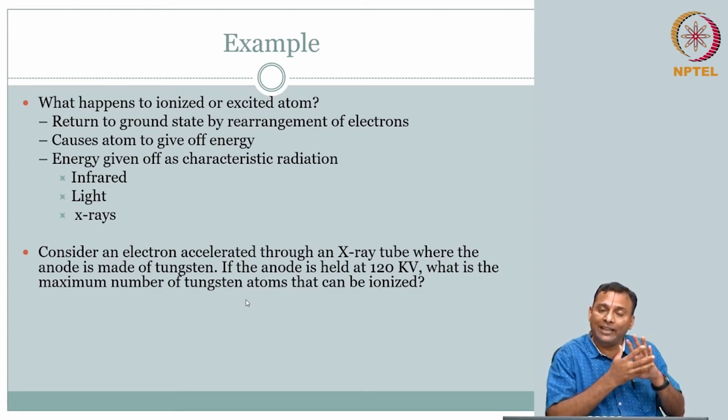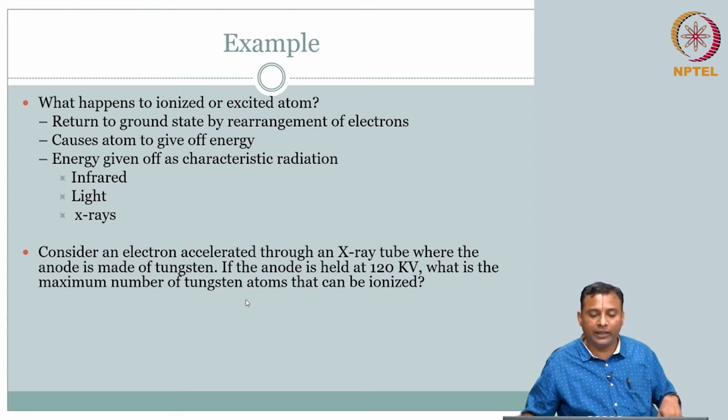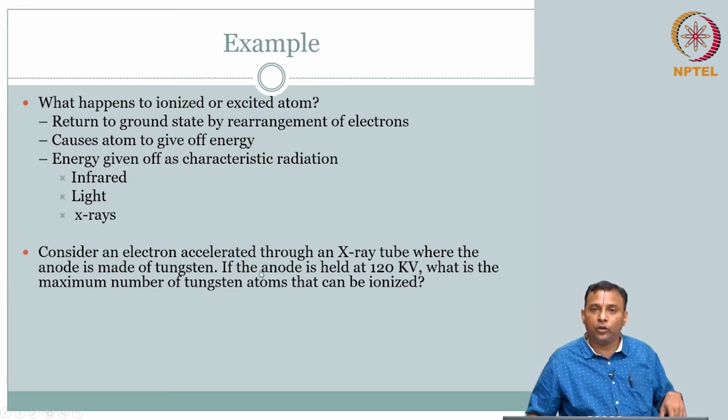If you know the binding energy of the tungsten, then you can quickly calculate, because I know the energy being supplied to the tungsten. One electron accelerated across 1 volt has kinetic energy of 1 electron volt. Now, it is 120 kilovolts, so 120 kilo electron volt is the energy that the tungsten atom is bombarded with.